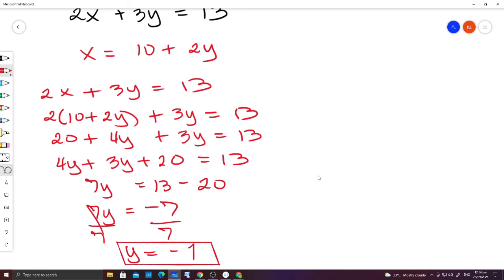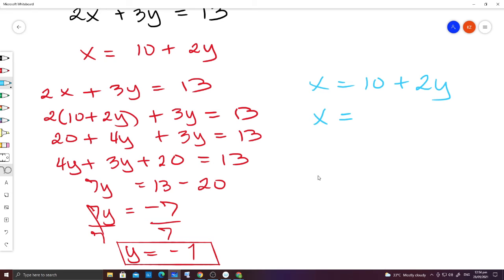Okay, next, let's find the value of x, sorry. We can use this equation. So x is equal to 10 plus 2y.